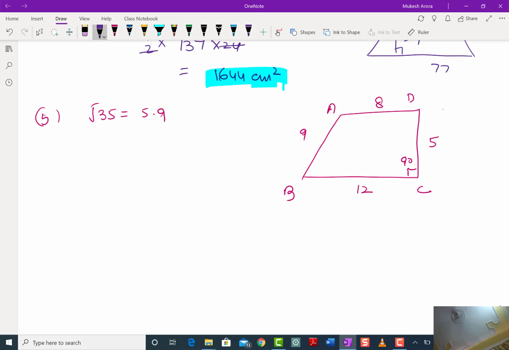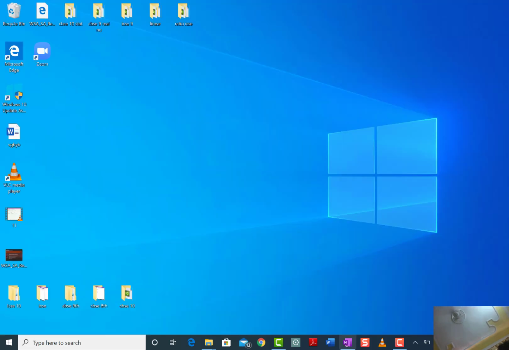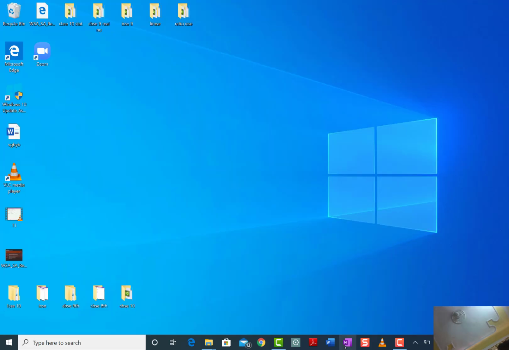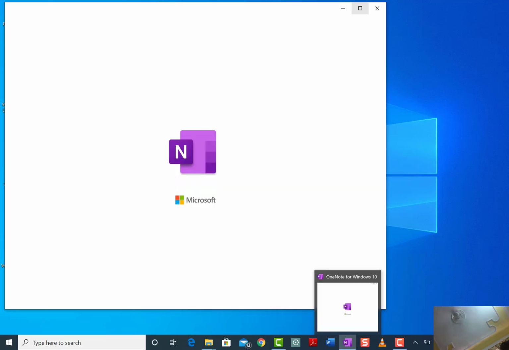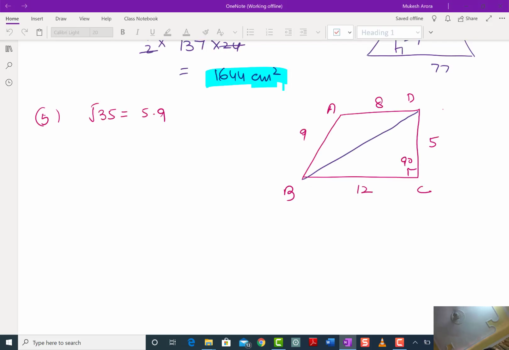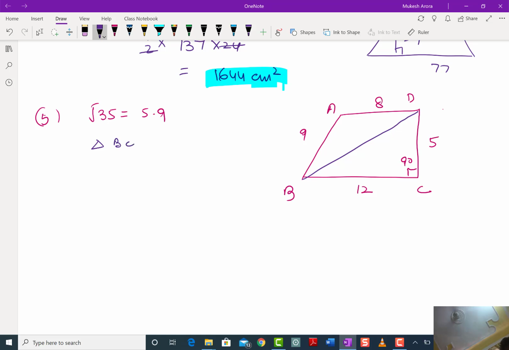So find the area. We don't have any formula to find the area for a quadrilateral, so we'll join this. Now there are two triangles. The first is triangle BCD. Triangle BCD is half into 12 into 5, 6.